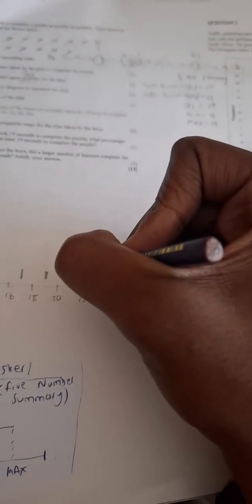My Q3 is 22. So 22 I have exactly there. And then last but not least, my maximum is 29. So 29 is between 28 and 30, midway, right?